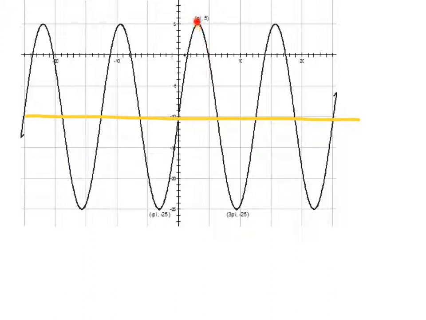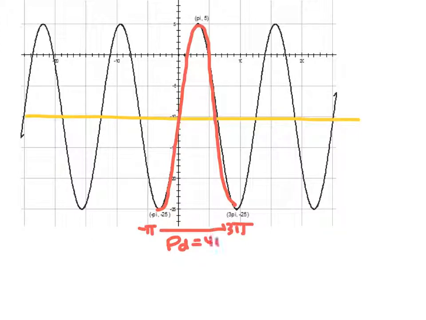And since they're telling me this is pi, 5, and they're telling me what it is here, I'm going to do this part of my graph here, since they're telling me what those coordinates are. If they give you coordinates, use them. So I'm going from -pi to 3 pi as my length. So if I'm going from -pi to 3 pi, that means my period is 4 pi.